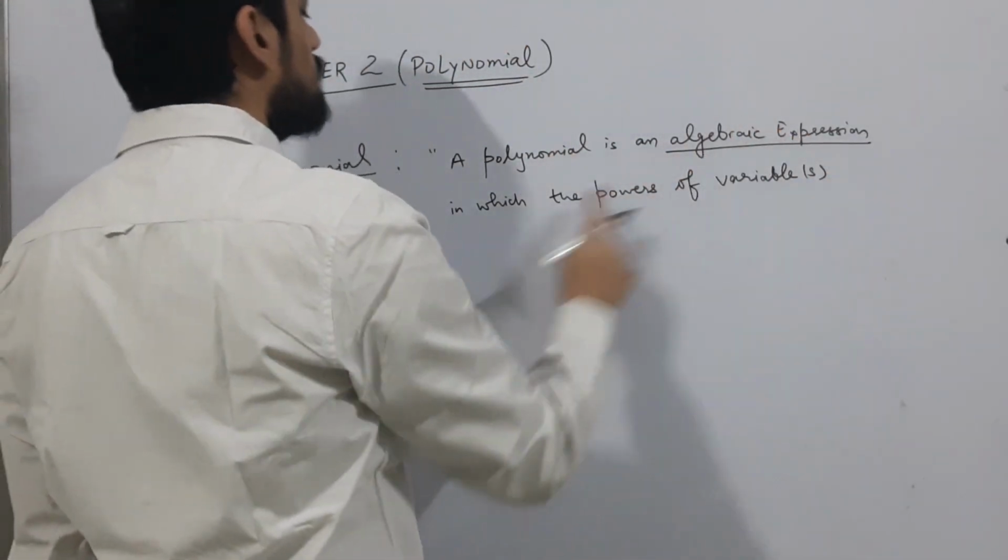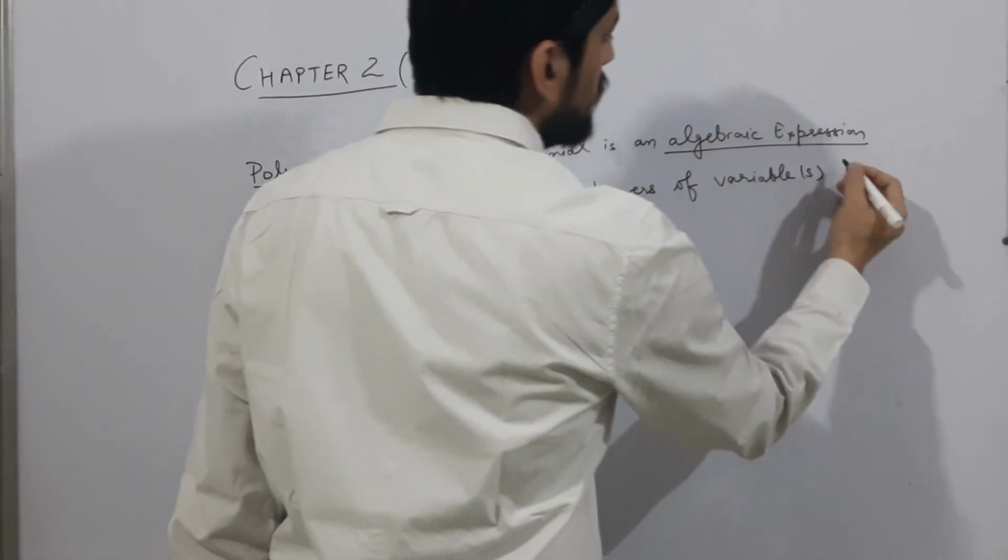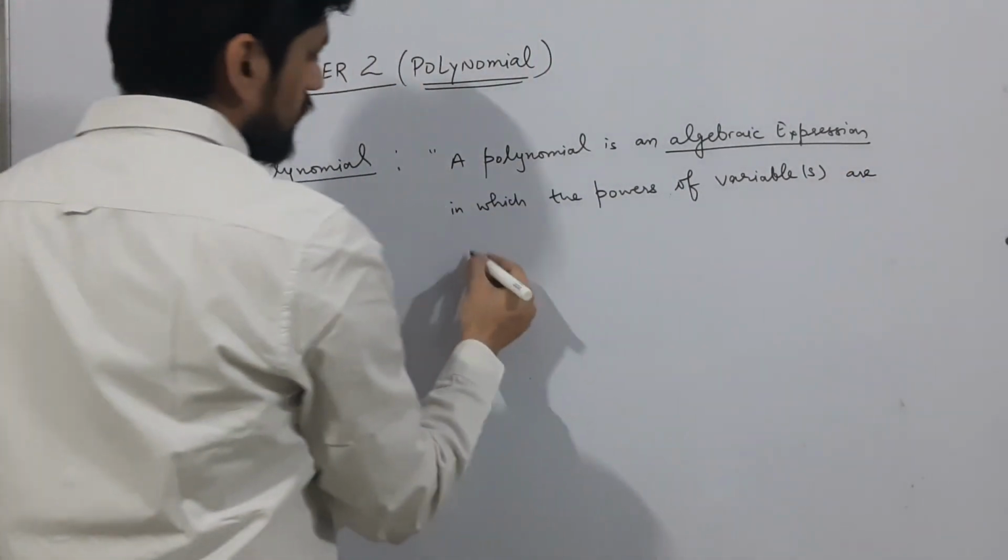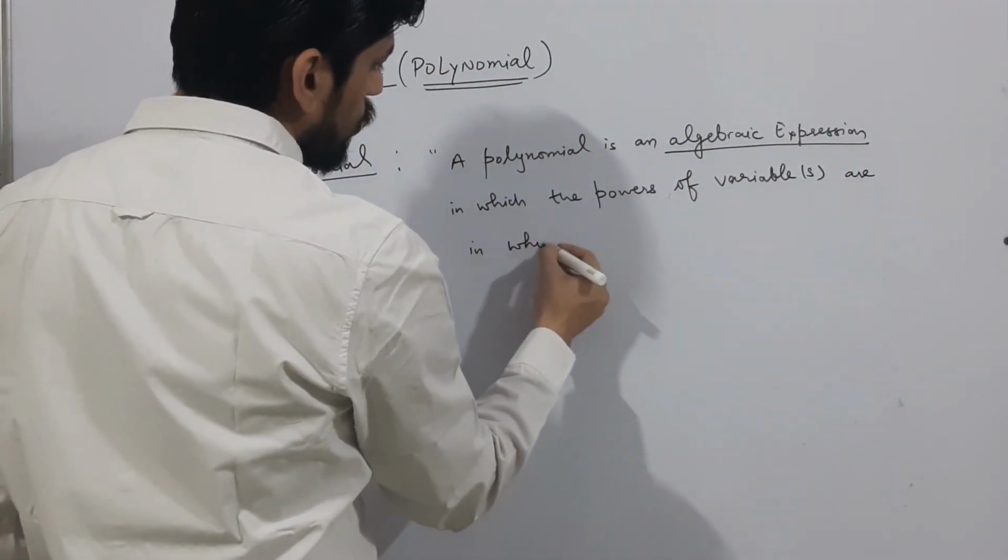So a polynomial is an algebraic expression in which the power of variables are in whole numbers.